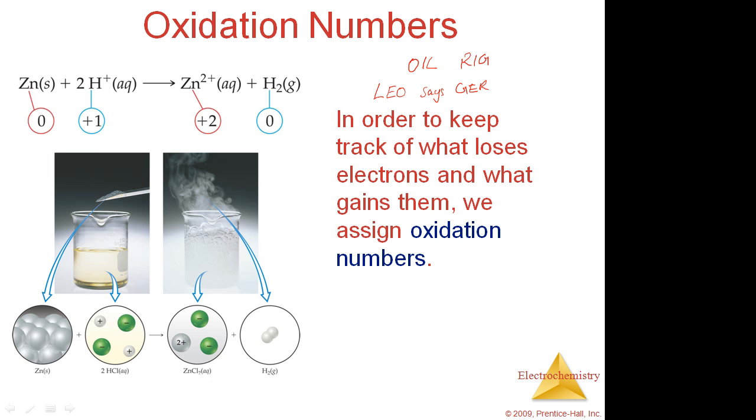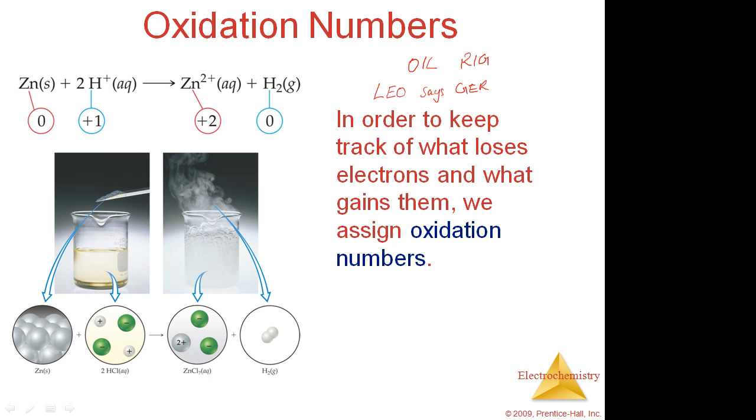So you write the number first and the charge symbol second, 2+. But when you write the oxidation number, the bottom one, that number is +2, that is its oxidation number. So you write the sign first and then the number.